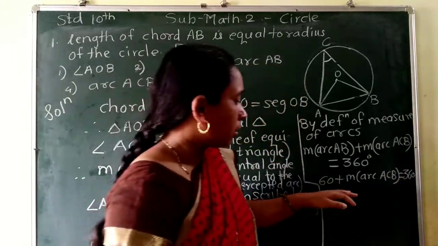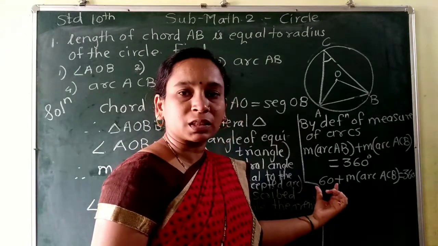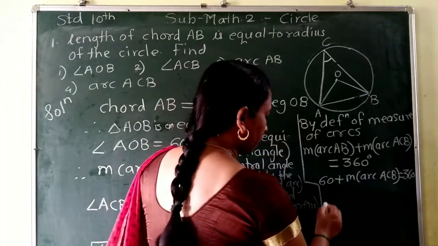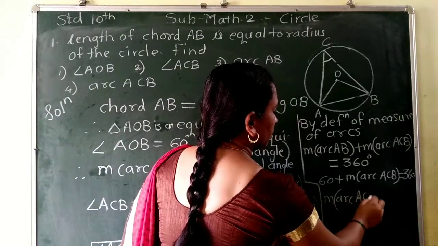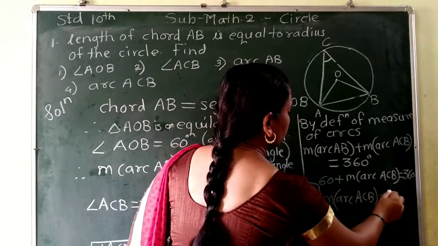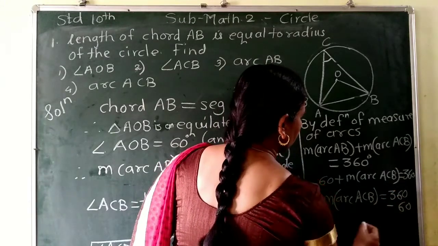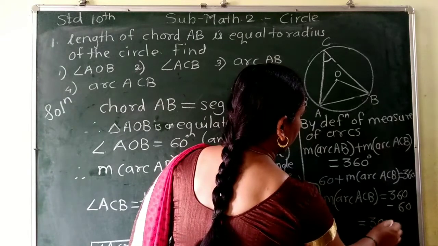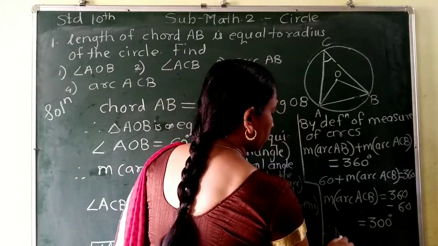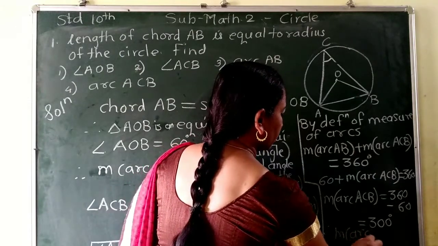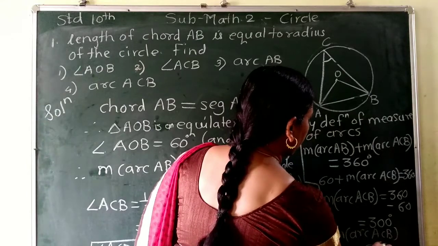To find the measure of arc ACB, we have to transfer this 60 to the other side. So here we will get the measure of arc ACB is equal to 360 minus 60 degrees. So you will get the answer 300 degrees. Therefore the measure of arc ACB is equal to 300 degrees.